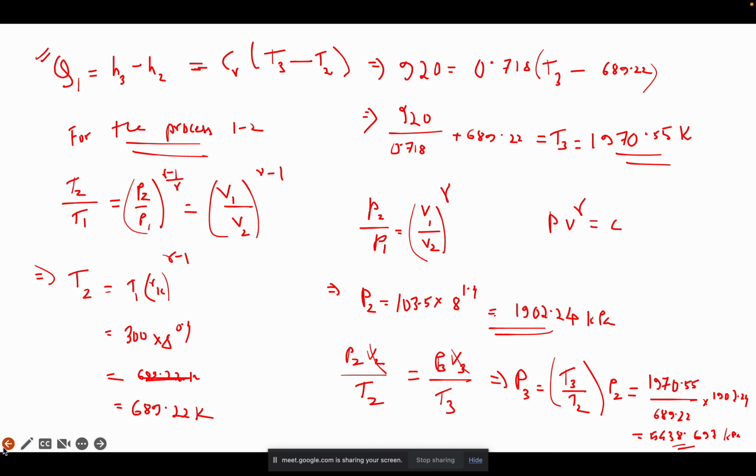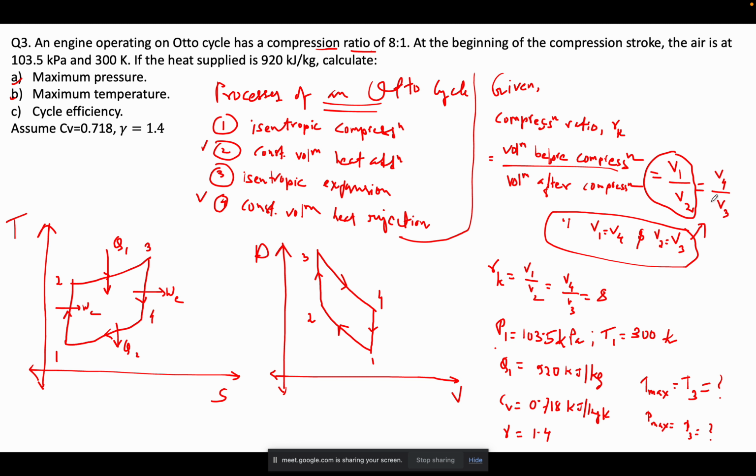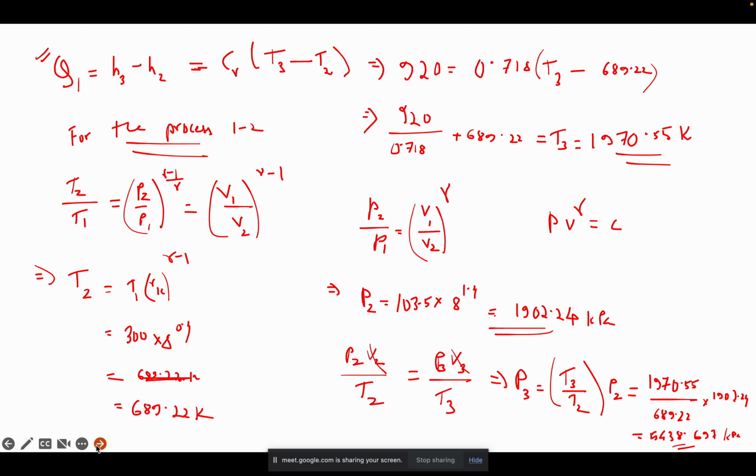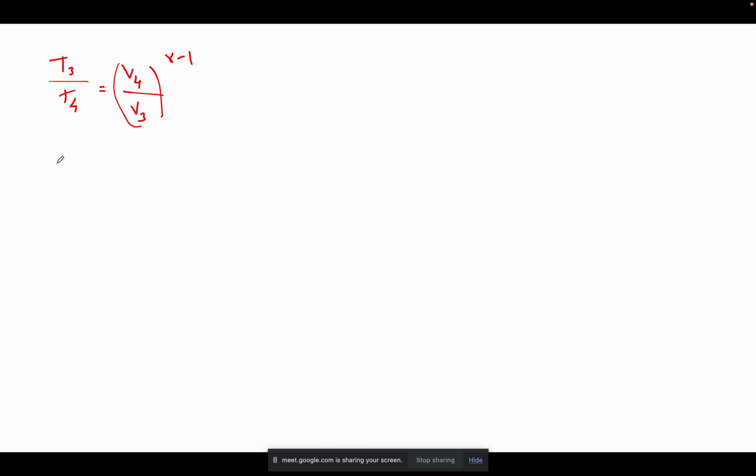Yes or no? Now what is V4 by V3? This is nothing but V1 by V2. So from here I can calculate T4 is nothing but T3 divided by Rk to the power gamma minus 1.